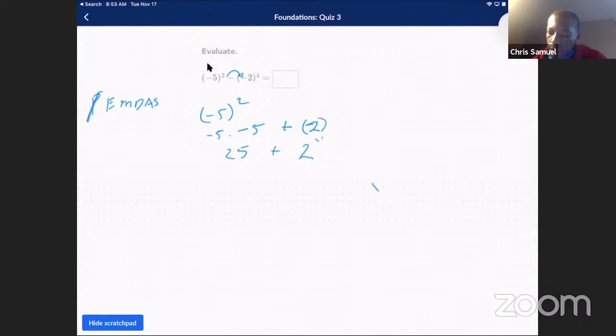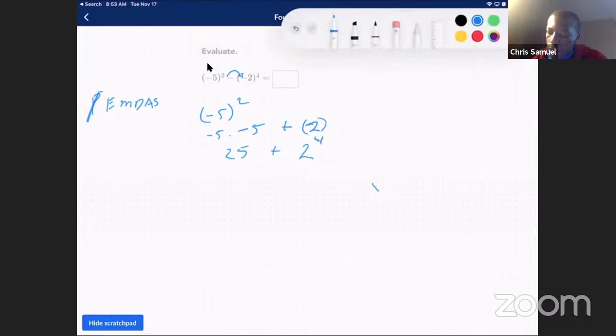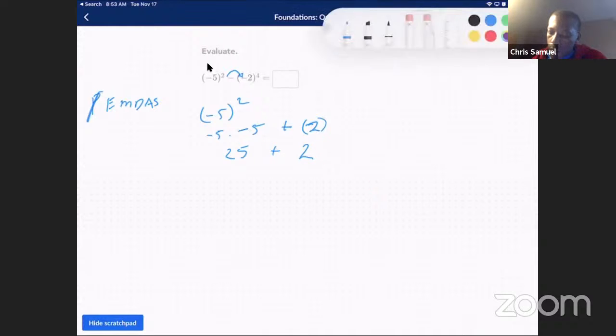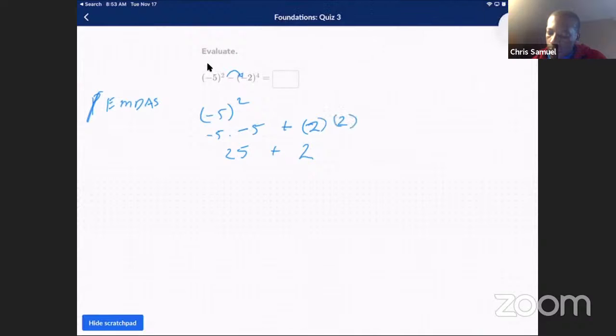We have to do the exponents. So you have 2, 4, 8, 16.